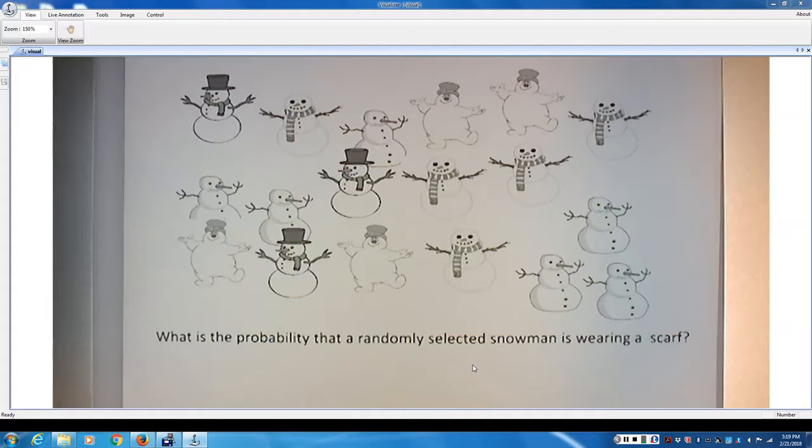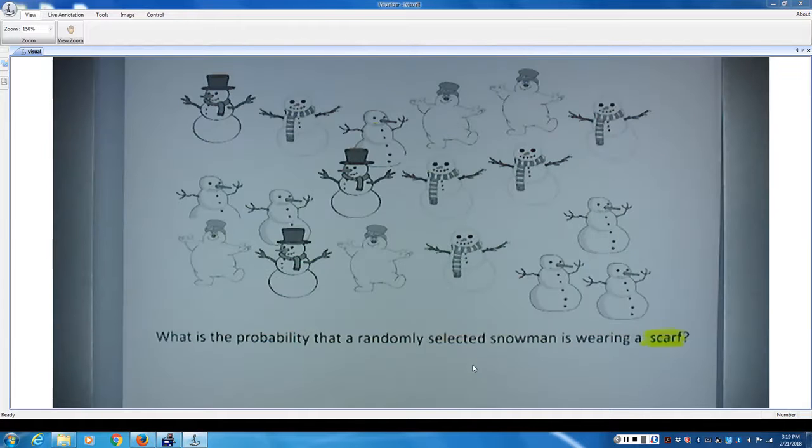So the first one asks us, given all these snowmen up here, what is the probability that a randomly selected snowman is wearing a scarf? So that key word, that important word, was the snowman was wearing a scarf. And the first thing that I want you to do is count those snowmen and tell me how many there are total.